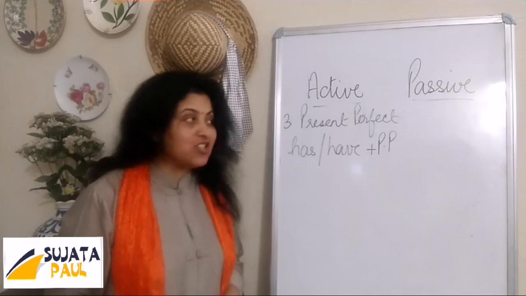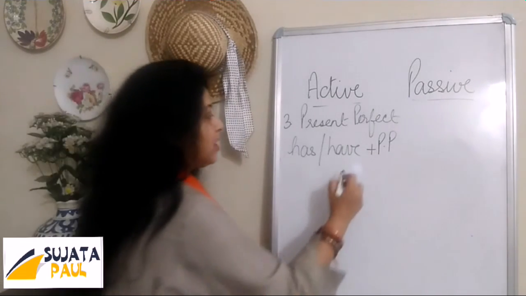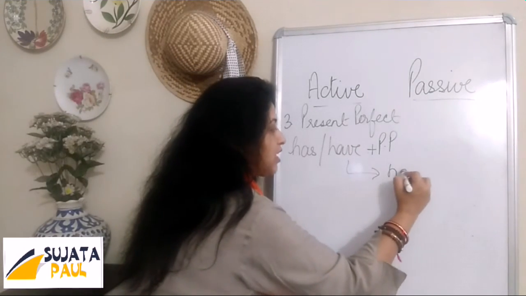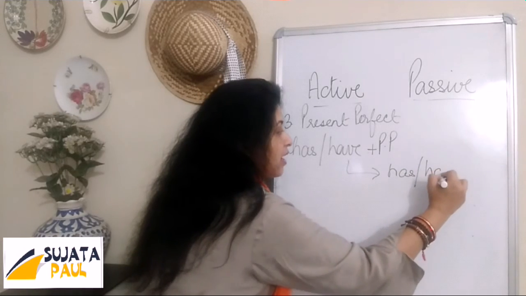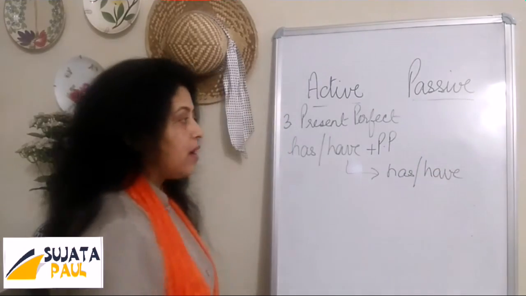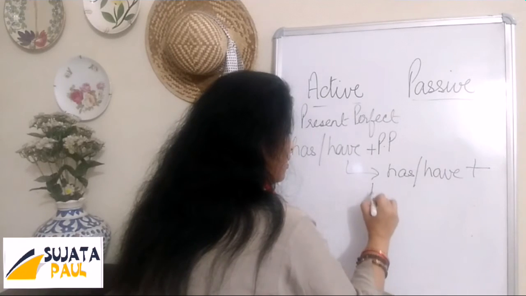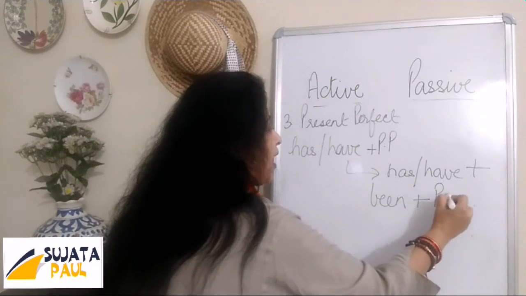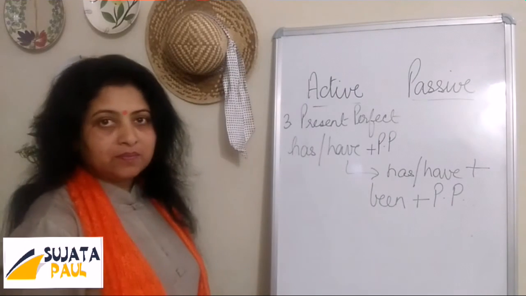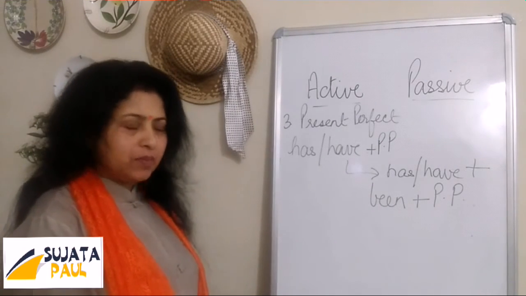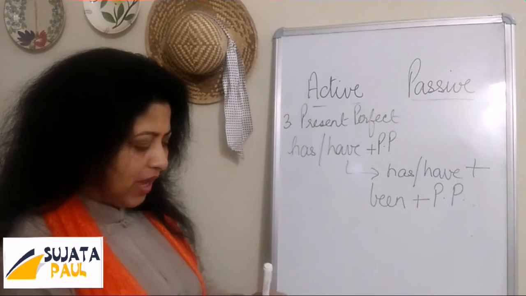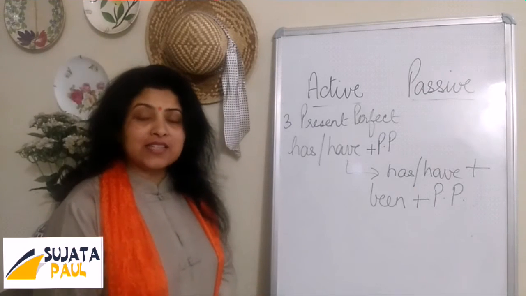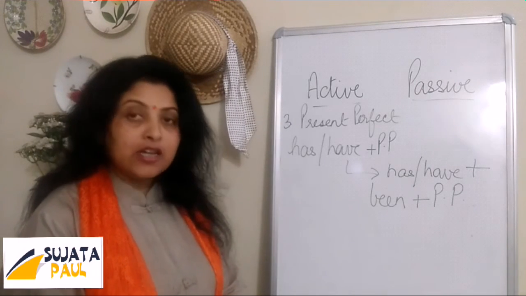And when I change it into passive, it will still have has, have plus been plus past participle. And of course, plus by can be written, but you don't need to bother about that again and again.